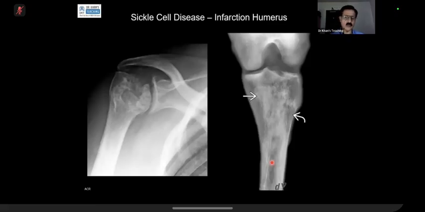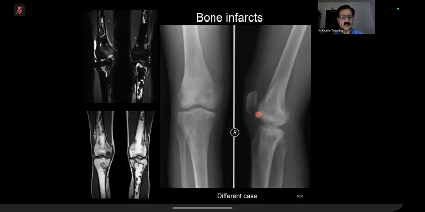Pathologically speaking, there is no difference, but the convention is when the epiphysis is involved, the bone end is involved, we use the word avascular necrosis. And when the metaphysis or diaphysis is involved, we use the word infarction. It is one and the same thing. So in infarction, metaphysis and diaphysis will be involved.